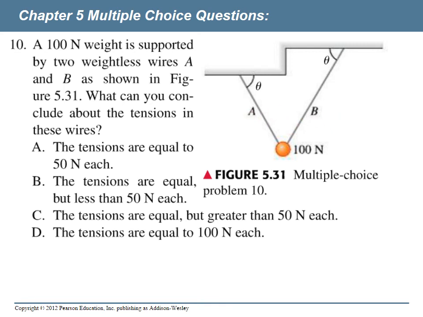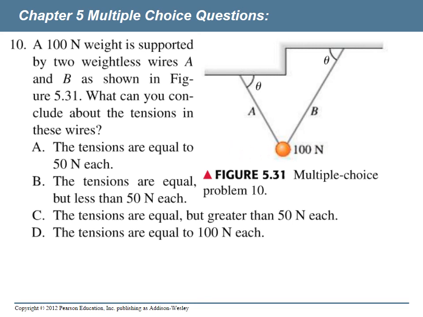So B would go off this way, and it'd be B cosine theta, and this one would be A cosine theta here. So their x components have to balance out because this isn't moving. So if their x components balance out and they're B cosine theta, A cosine theta, then A equals B.